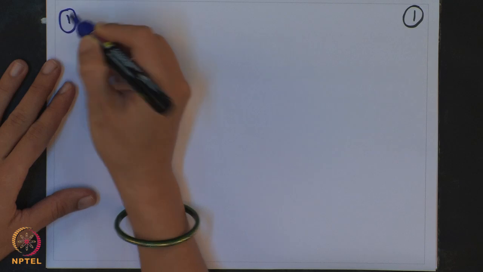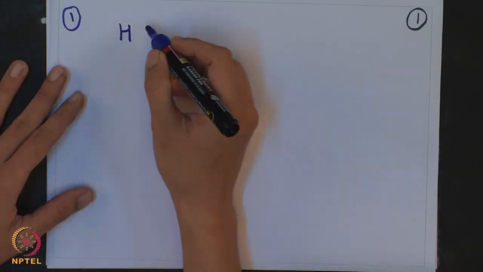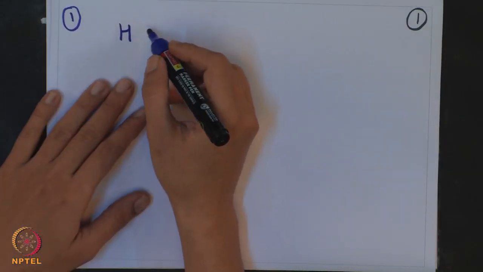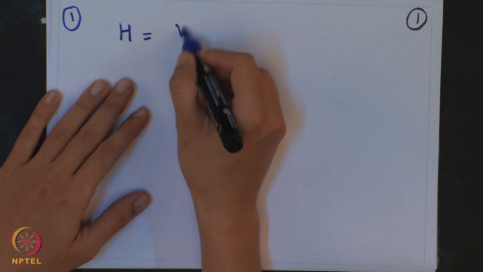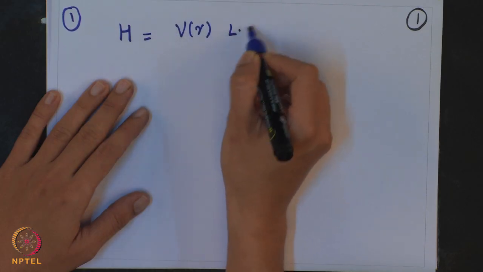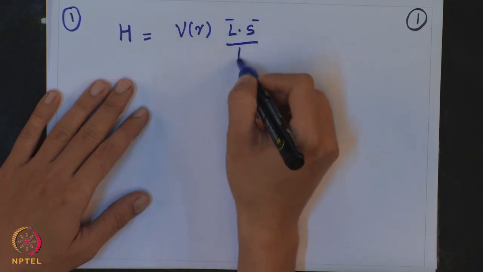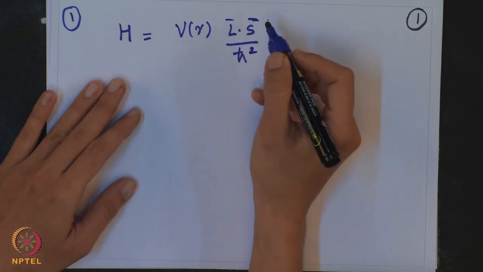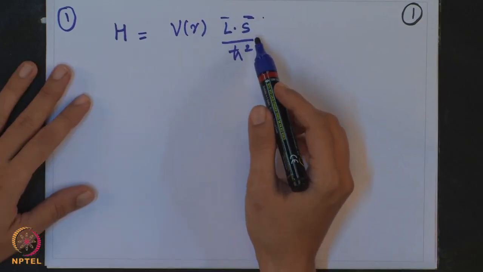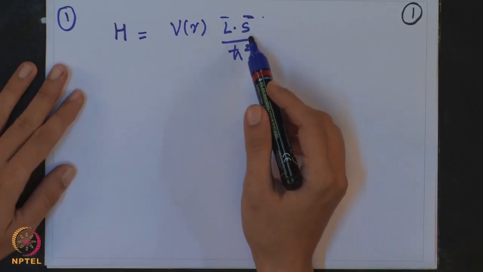You are supposed to find out the energy of the Hamiltonian, and here the problem given to you is a Hamiltonian of the form V(r) upon h cross square, where L.S is the LS coupling term, okay.